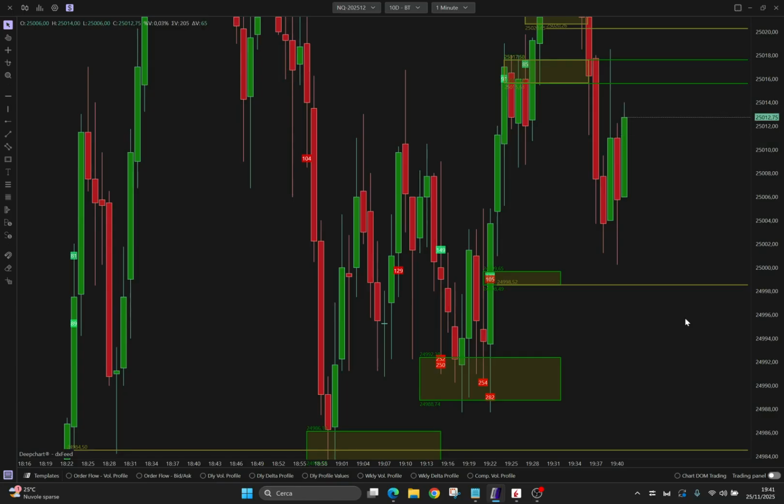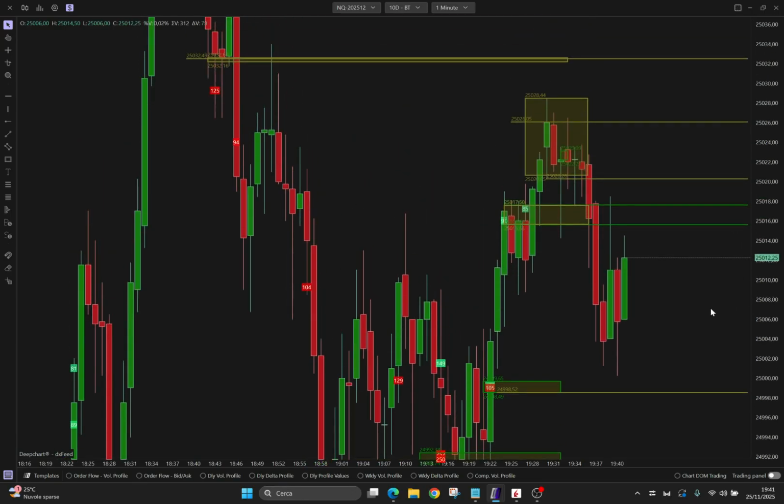If you can filter this and say, okay, this is the account of JP Morgan, this will be the most expensive tool on the planet. You can know that here there is interest, but you cannot know of who and what they are doing. If they are buying for long term, for short term, if they will close this contract here, this is an information that you cannot have, unfortunately.